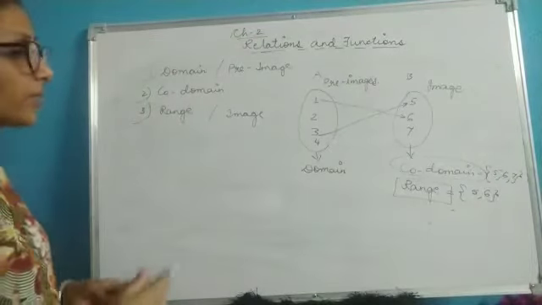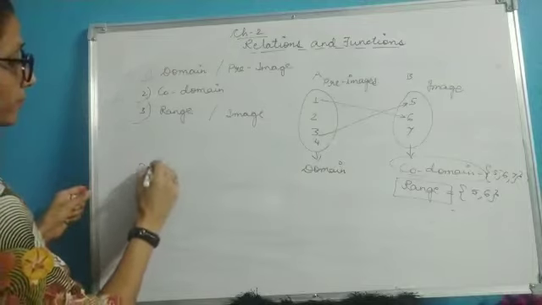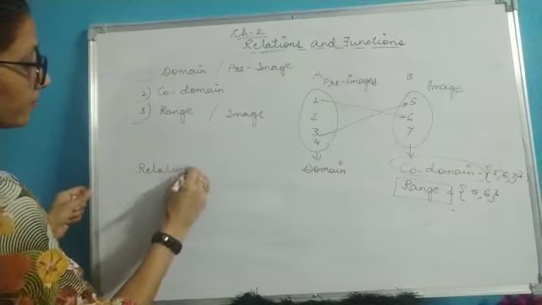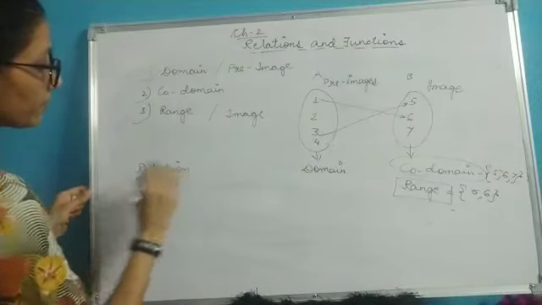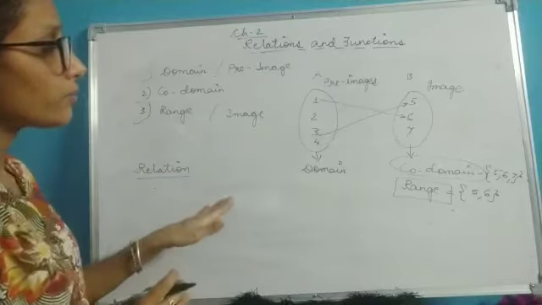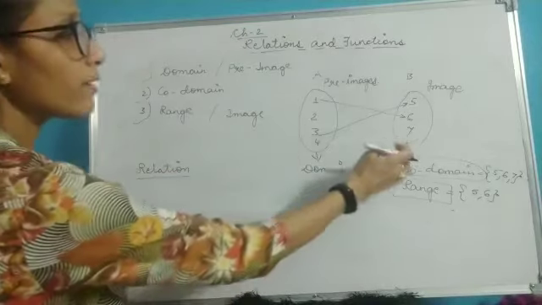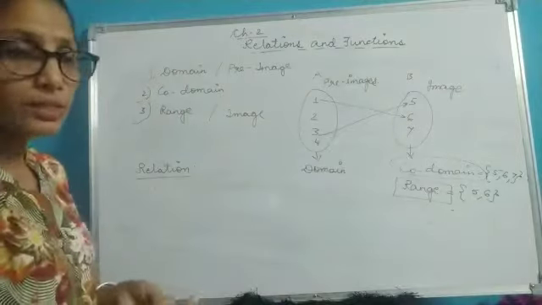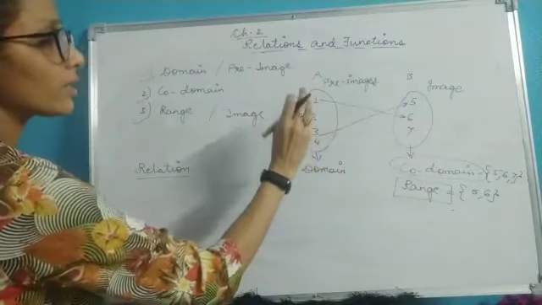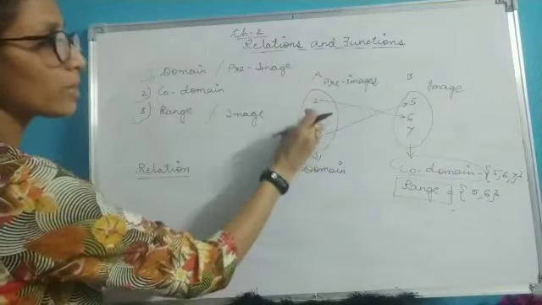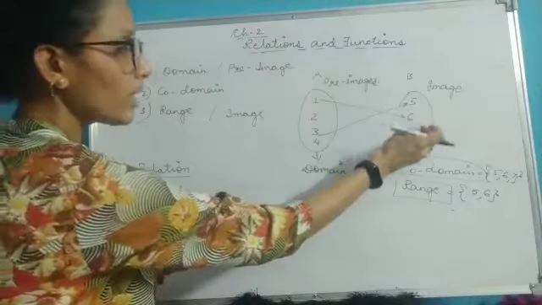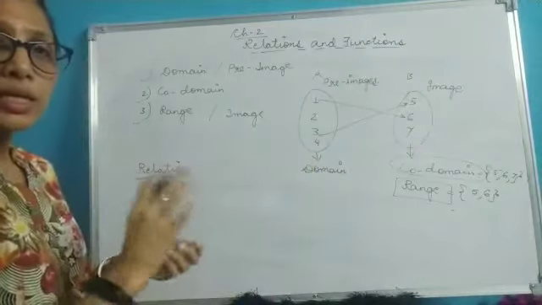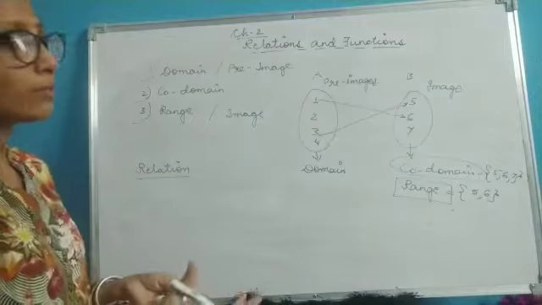Now let's define the word relation. Now children, as I have told you, if we have two non-empty sets and if we link up the elements of set A with the elements of set B, then they form a relation in between them.